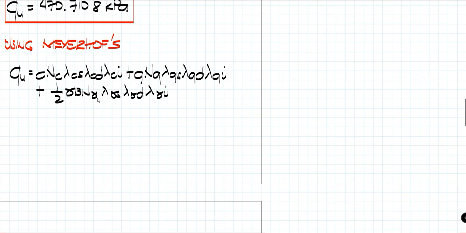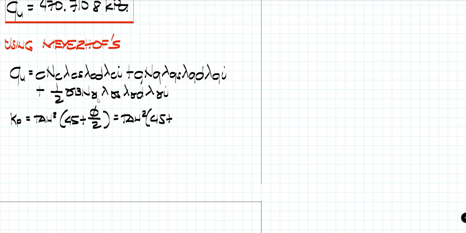So, to get the passive earth coefficient, we have here Kp is equal to the tangent squared of 45 plus phi over 2. So, we have here the tangent squared 45 plus the 20 over 2.